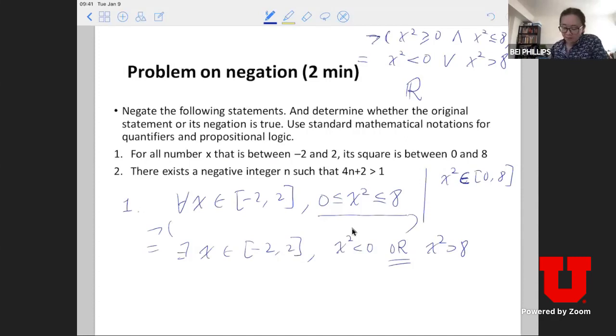There are a few questions in the chat about the bounds of this. Should we be using brackets or parentheses, because the problem says between. Does that mean it includes -2 and 2? Yeah. Let me be careful when I say between. I mean this means inclusion.